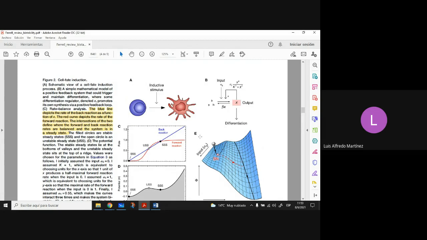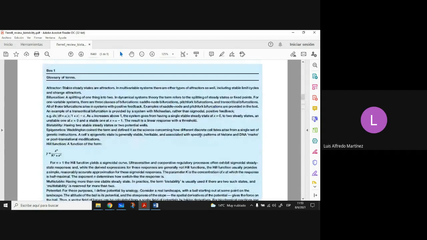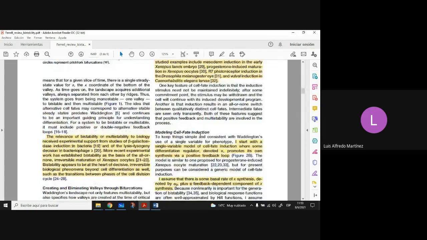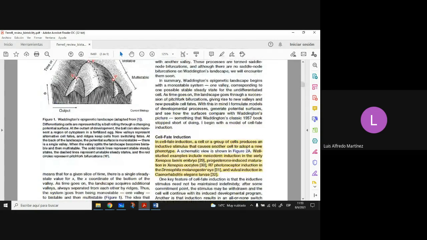In Waddington's landscape, the bifurcation is a pitchfork bifurcation point. That difference is very important for describing the biological system. For example, in vulval induction in the C. elegans lab, for example.